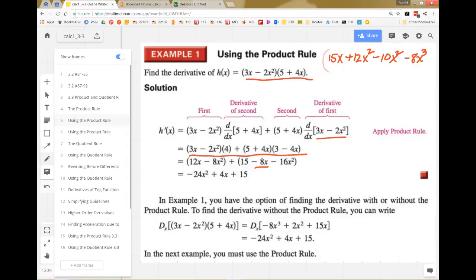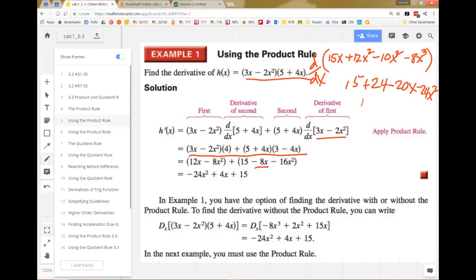Now, what's the derivative? Well, you get 15, using the rule. You get 24x, minus 20x, and then you get negative 24x squared.